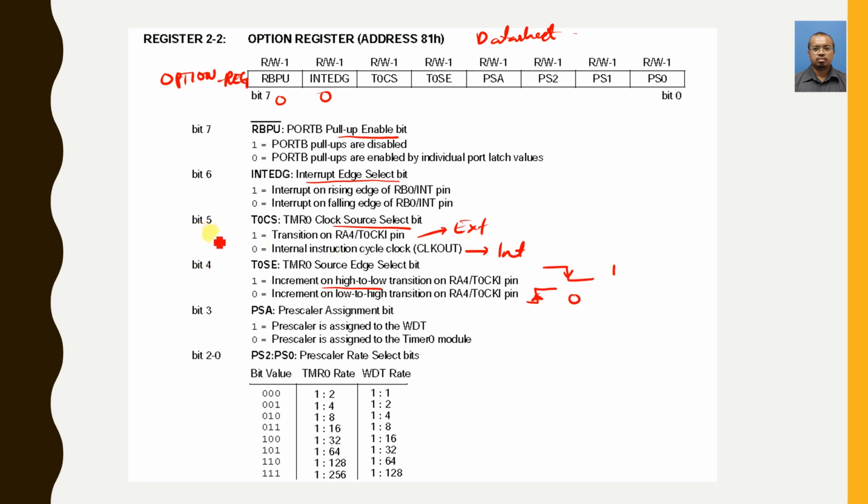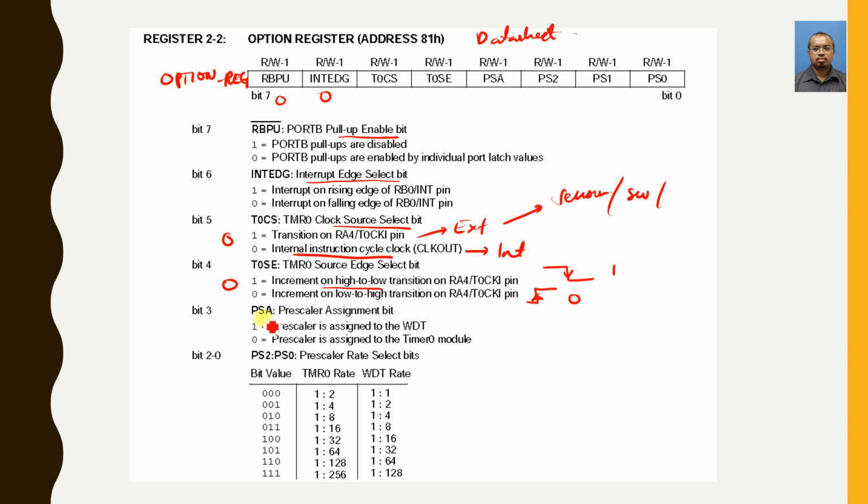So for me, I'll just take a simple one. I'll select 0, from low to high, and for the previous one, the clock source bit, I'll select 0 because I need to use the internal clock cycle. Unless you want to use an external clock source, meaning you are using a sensor or switch or external counter or whatever you need to connect to.